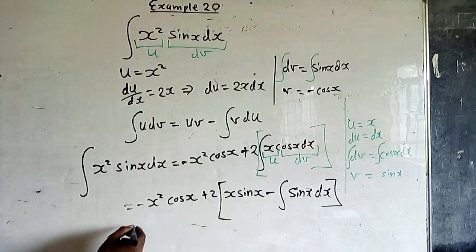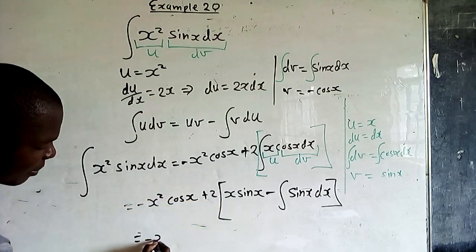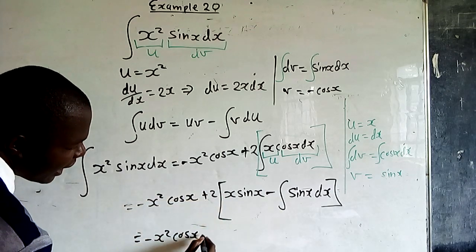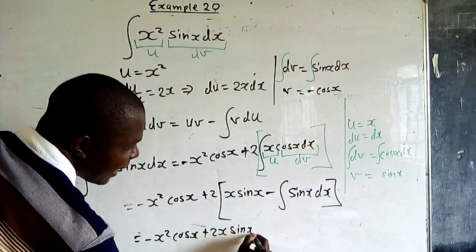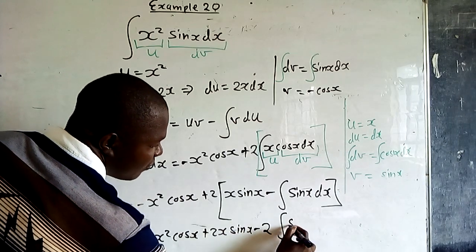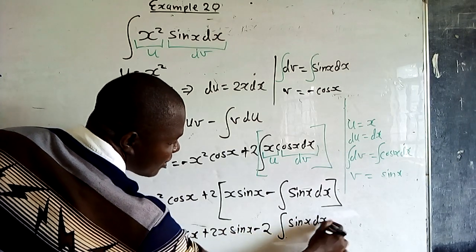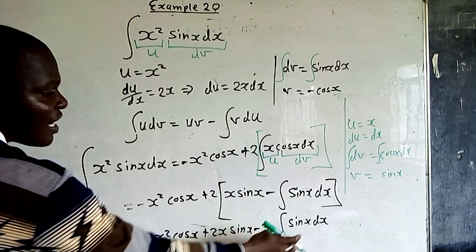So open the bracket. 2, you get here minus x squared cos x, 2 times this, 2x plus 2x sin x, then plus times minus is minus 2, integral of sin x dx. Are we together?